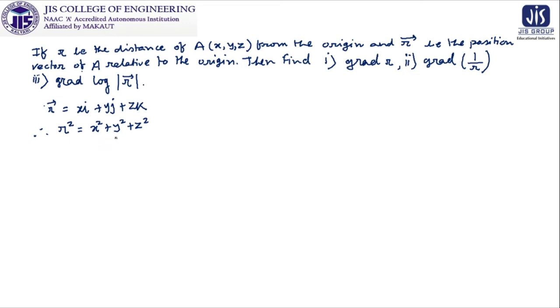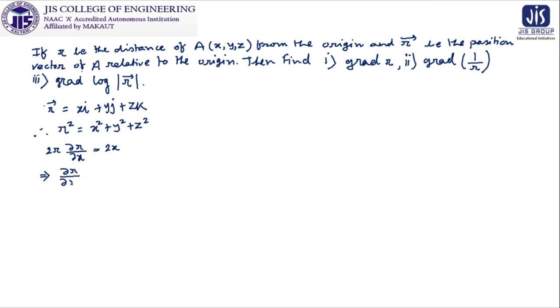After getting r square is equal to x square plus y square plus z square, we can do the partial differentiation of this expression with respect to x. So what we get, 2r del r del x is equal to 2x. The 2 and 2 cancel out.